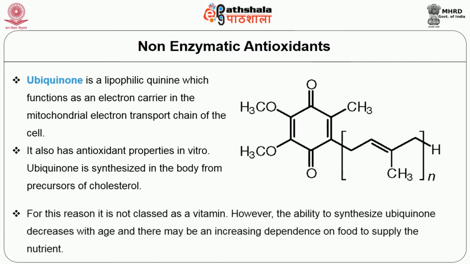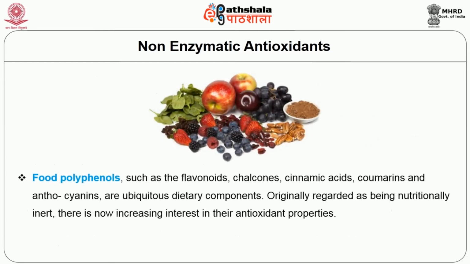For this reason, it is not classed as a vitamin. However, the ability to synthesize ubiquinone decreases with age and there may be an increasing dependence on food to supply the nutrients as well.